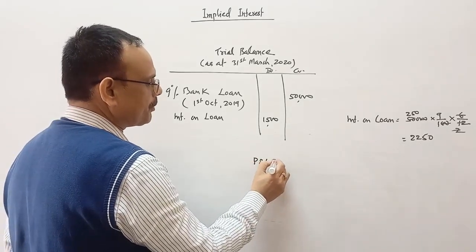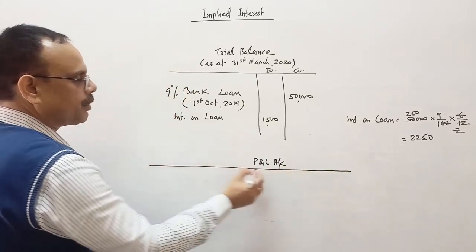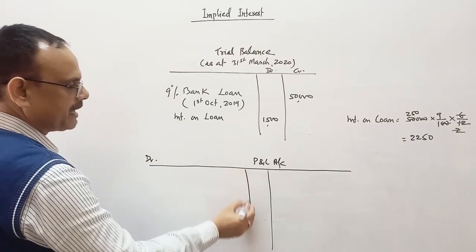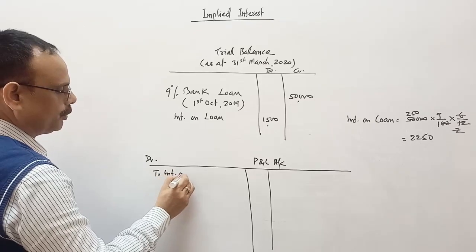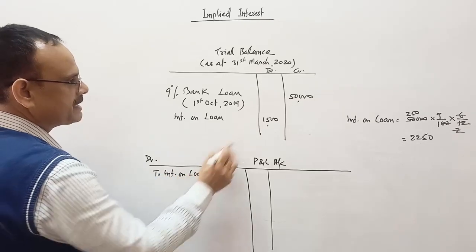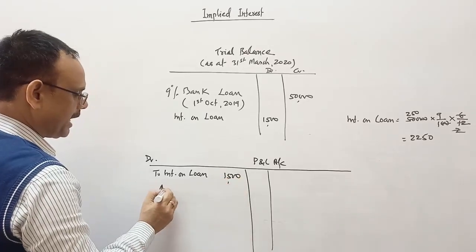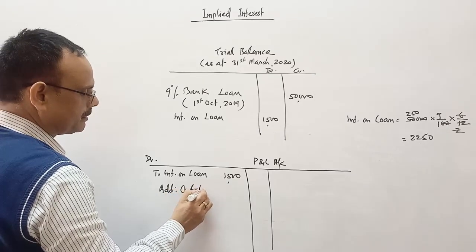So when you prepare the profit and loss account, on the debit side you will write interest on loan, which is given in the trial balance as 1500, and then you add outstanding interest.